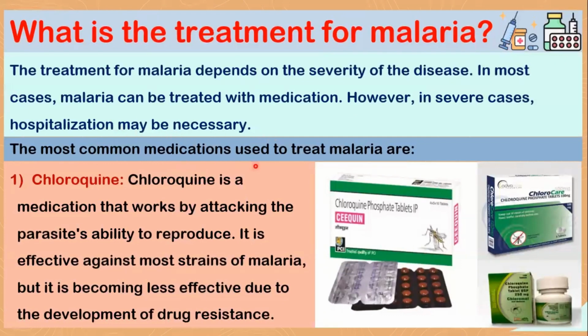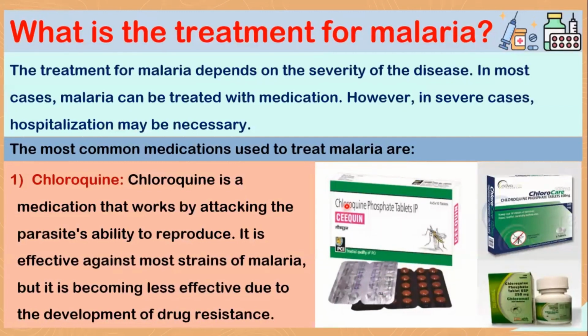The most common medications used to treat malaria: the first one is chloroquine. Chloroquine works by attacking the parasite's ability to reproduce. It is effective against most strains of malaria, but it is becoming less effective due to the development of drug resistance.